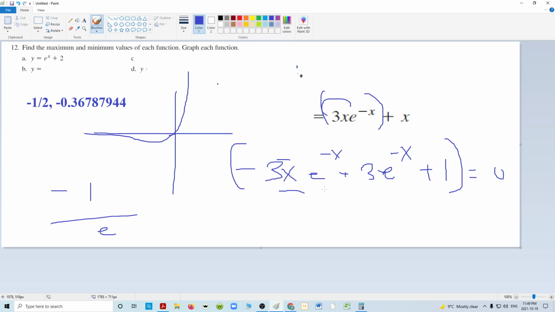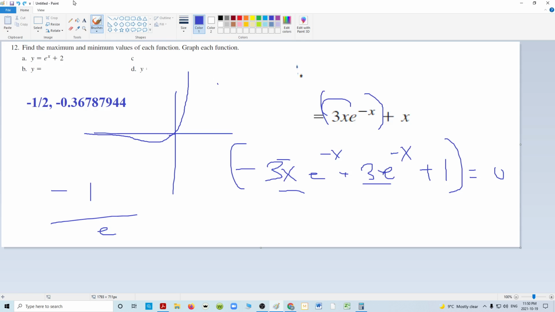So there's an x here, there's a 3, so these can't be added or subtracted because there's an x in this one and there's no x in that one. I can't take a 3e to the minus x out of it because I can't factor that out. Interesting.